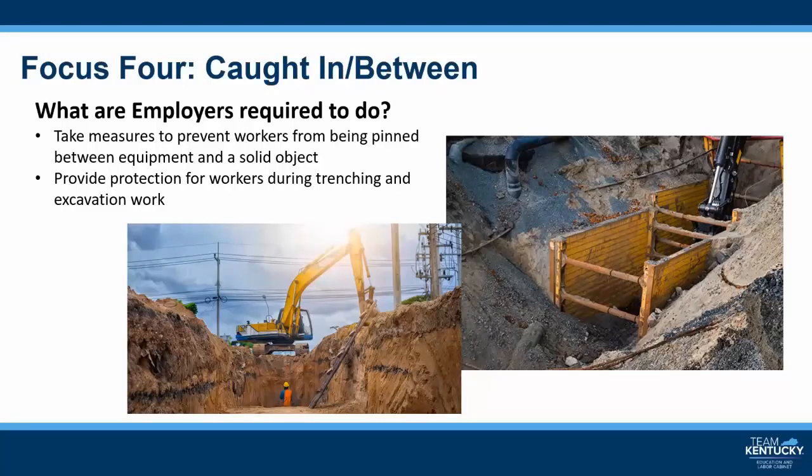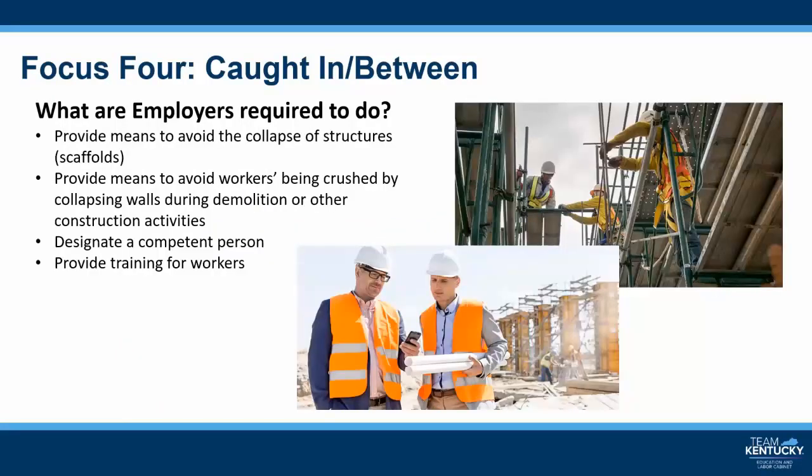If possible, the grade should be away from the excavation. If a crane or earth-moving equipment is operating directly over the top of a trench, workers should not be working underneath.